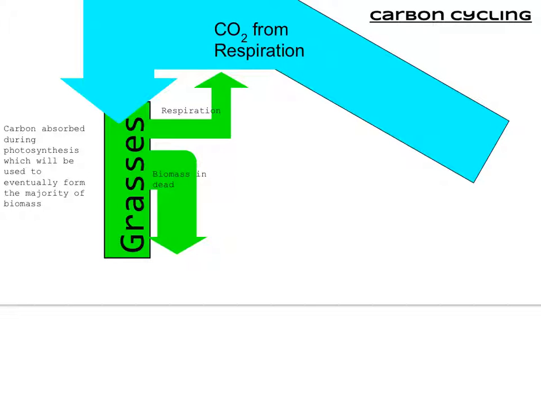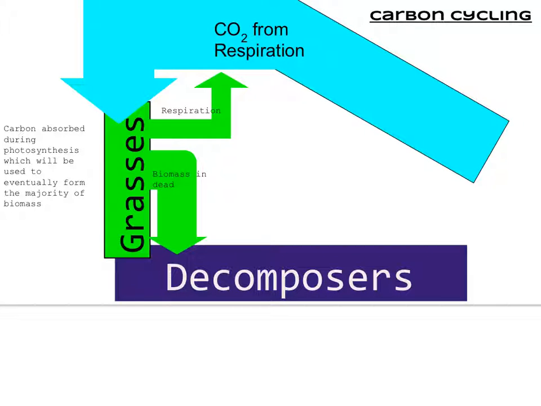Hopefully, if you've guessed, when grass dies, it doesn't just vaporize, it goes to a group of organisms called decomposers. They will eat the dead grass, that biomass. They will take it into their body.